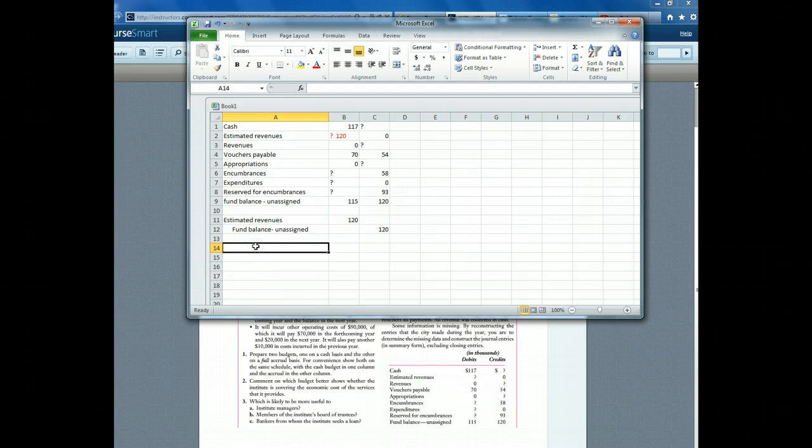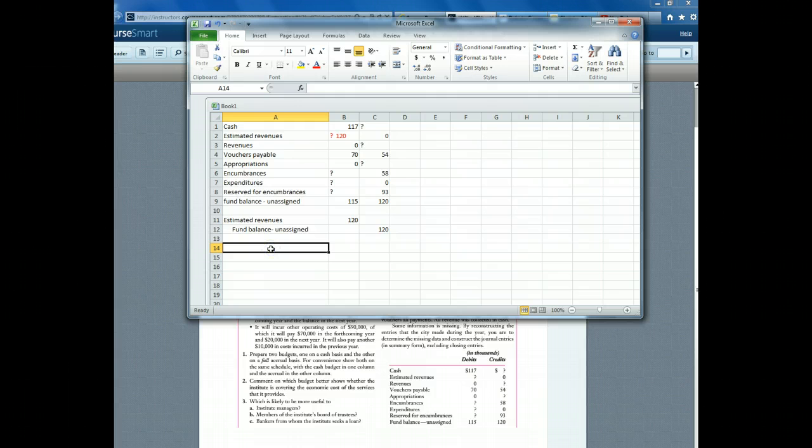Now, the next one we're going to look at, the appropriations. The appropriations show that we don't know what the appropriations, the money going out, are. But if we know that these are the debits and credits of the transactions, we're just missing others.